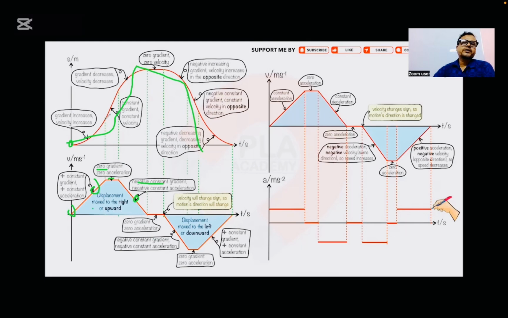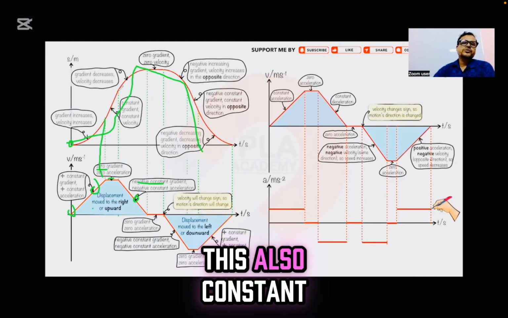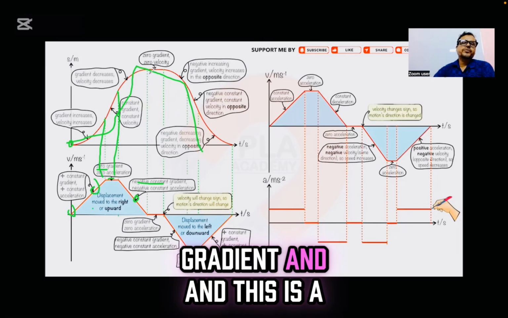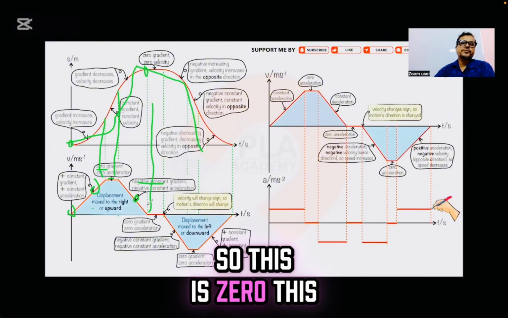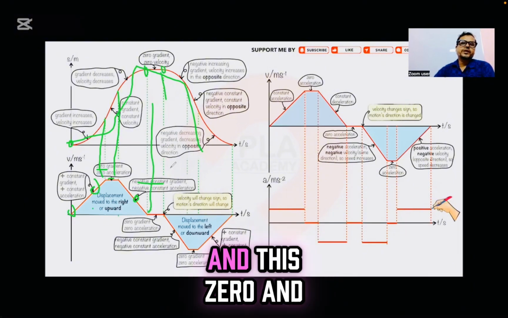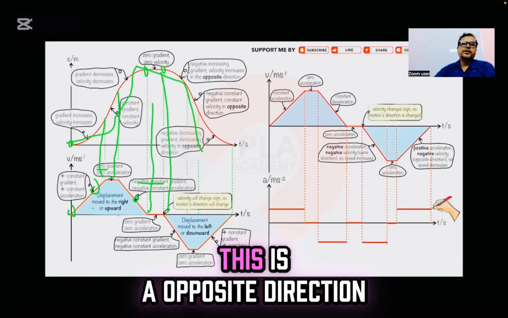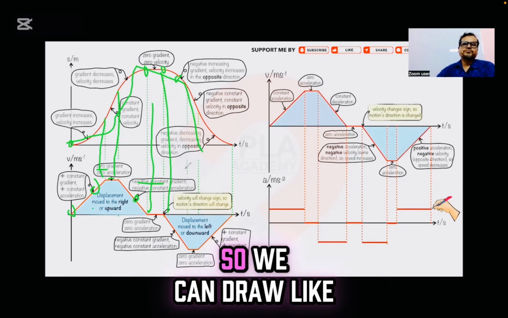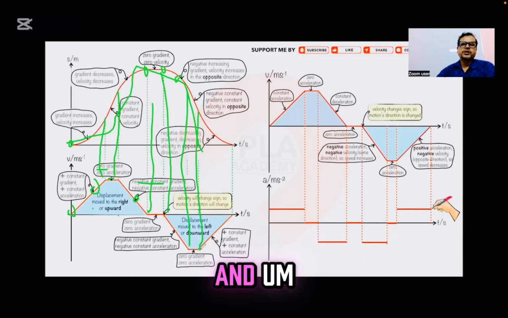This point is constant gradient, and this also constant gradient, and this is a zero gradient, so this is zero, this also zero, and this zero. This is the opposite direction, so we can draw it this way.